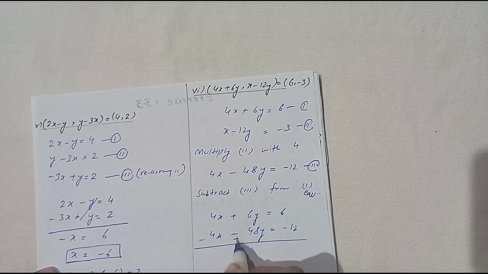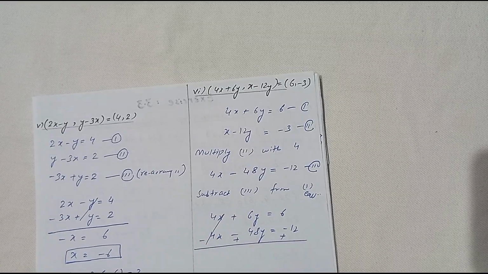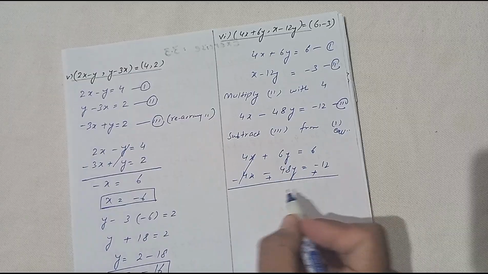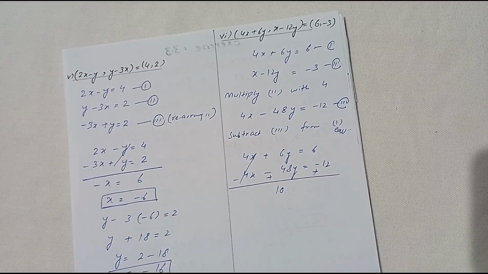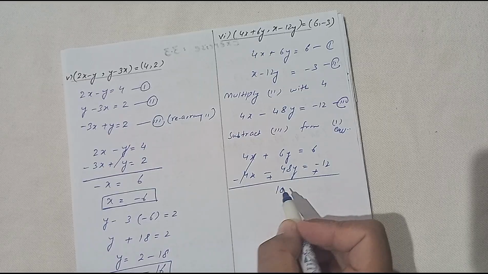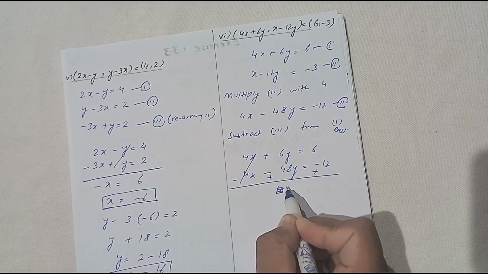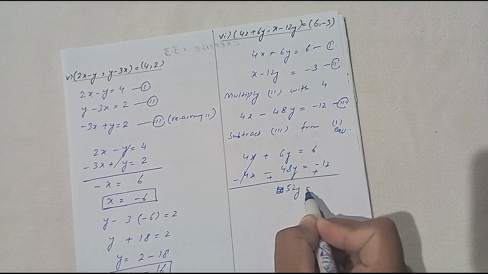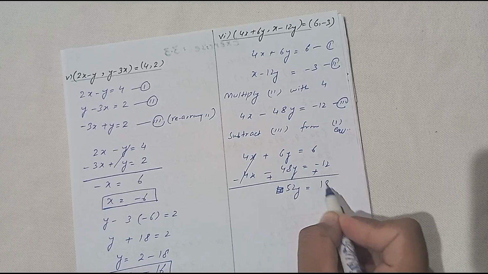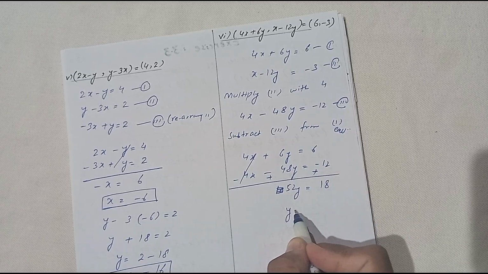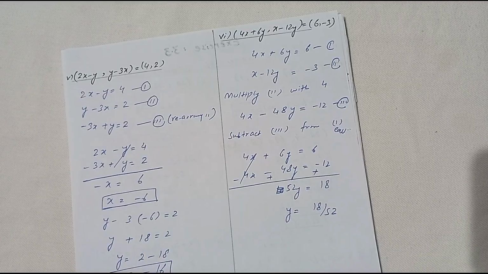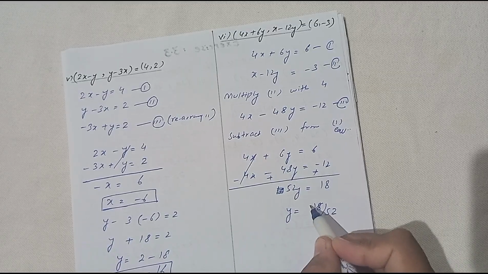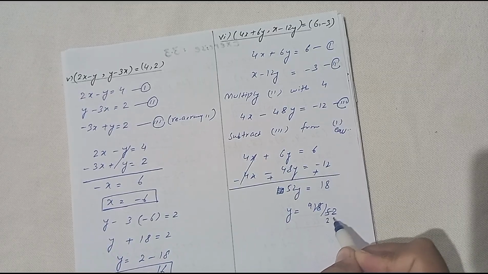Subtracting, change the sign of the equation, and the 4x terms cancel each other. 6y plus 48y equals 6 plus 12. So here 6 plus 48 equals 54y, and 6 plus 12 is equal to 18. So the value of y equals 18 divided by 52, which by cancellation, 2 nines are 18, 2 twos are 4, 2 sixes are 12.